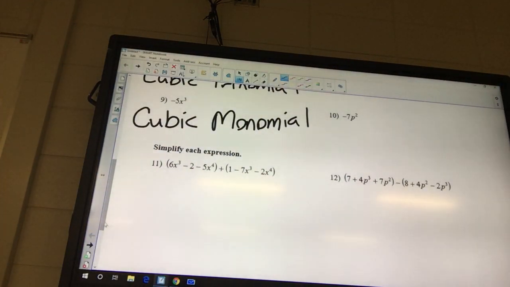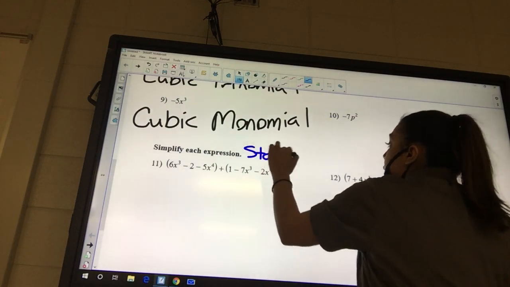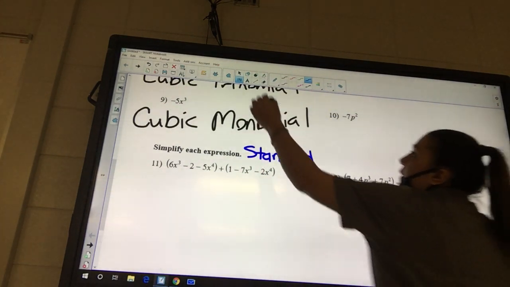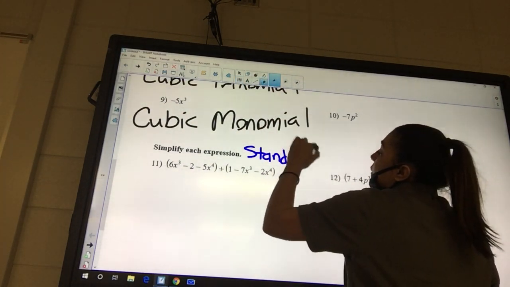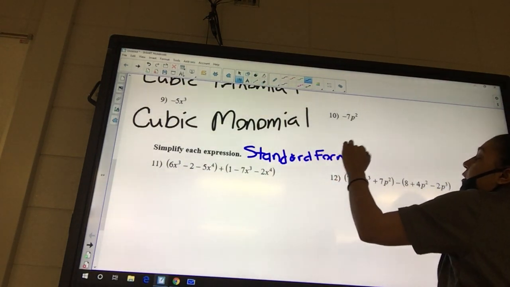Look at 11. On 11, these all need to be in standard form. What does standard form have? It has 2 requirements. Look at my spelling. Good thing I'm a math teacher. If you don't know, look at your sheet.